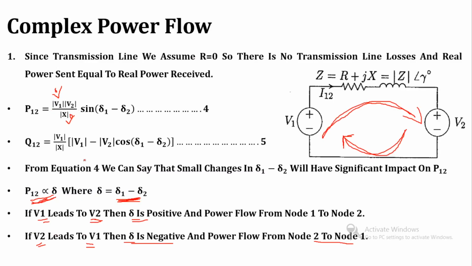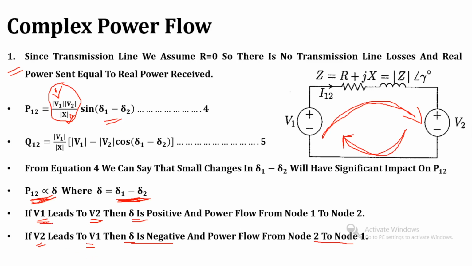So the first thing that we have learned is power is proportional to the angle difference, that is delta 1 minus delta 2, but the condition is that voltage and transmission line reactance have to be constant. In that condition only, power is proportional to the difference of angle delta 1 and delta 2.